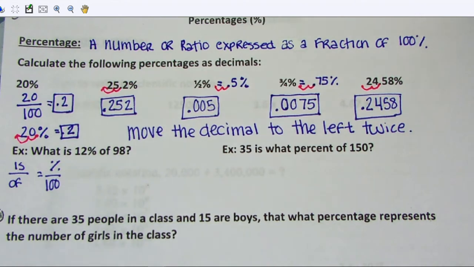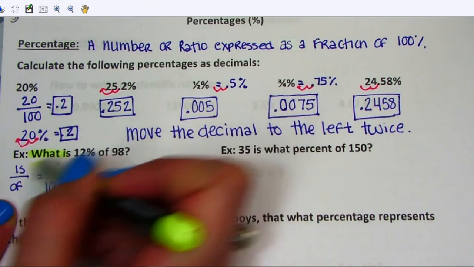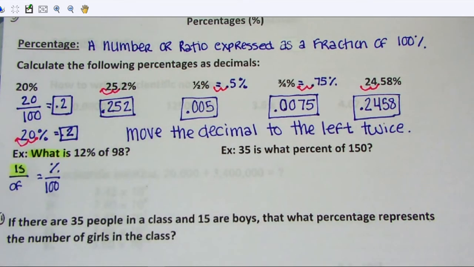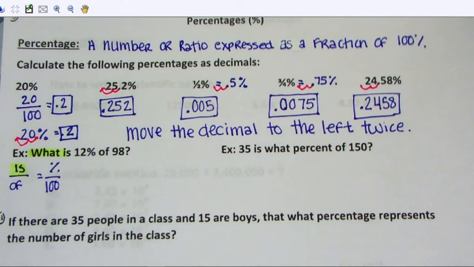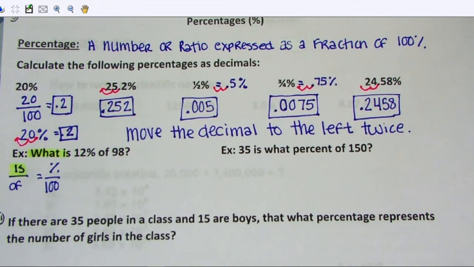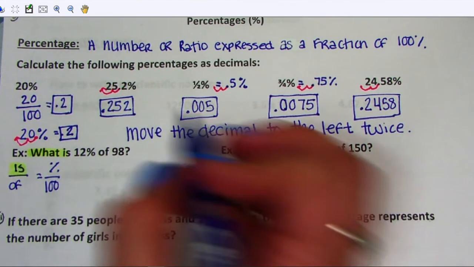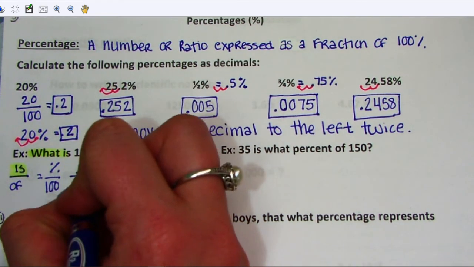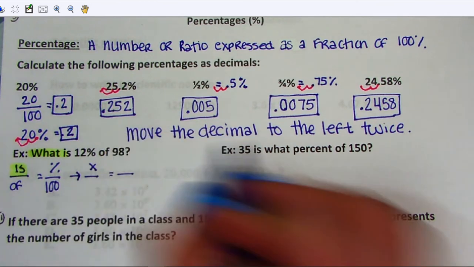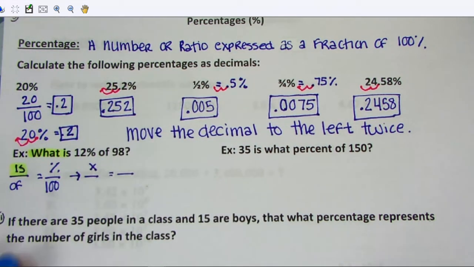Okay. The way that you would substitute: when it says what is, the what is portion is the is part. That sounds weird to say out loud. So what is, we don't know. So in that problem, the is portion is going to be an X because it's unknown.